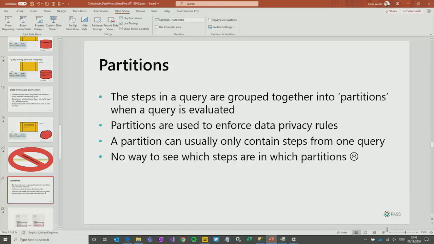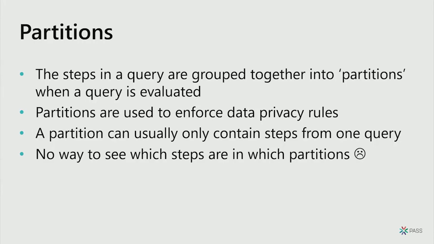Now, let's go a little bit deeper into what might go on. So we've talked a little bit about buffering and query folding and so on. But at a much deeper level, there are some quite complex things that go on inside the Power Query engine when data privacy levels are evaluated.